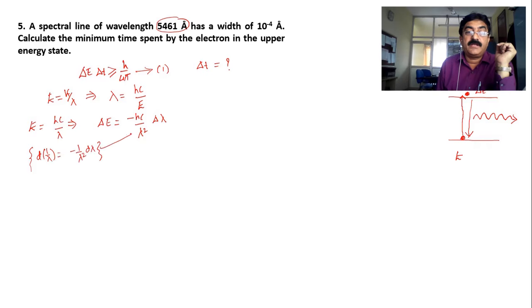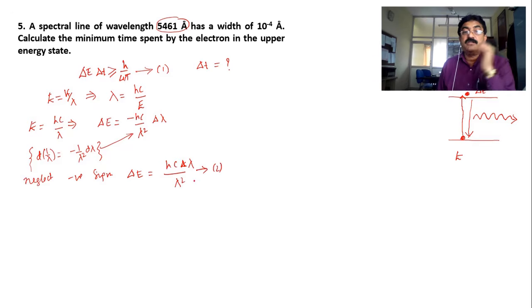So this concept I have made use of. Okay, neglect the negative sign and go ahead. So we get delta E as hc delta lambda divided by lambda square. Call it equation number 2.